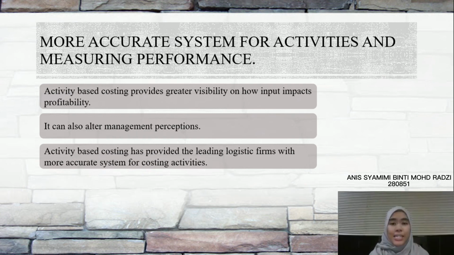The last advantage of the activity-based costing system to the logistics industry is a more accurate system for costing activity and measuring performance. The activity-based costing system provides greater visibility on how a product, customer or supply channel impacts profitability. The company can more accurately trace costs and determine the areas generating the greater profit or loss.